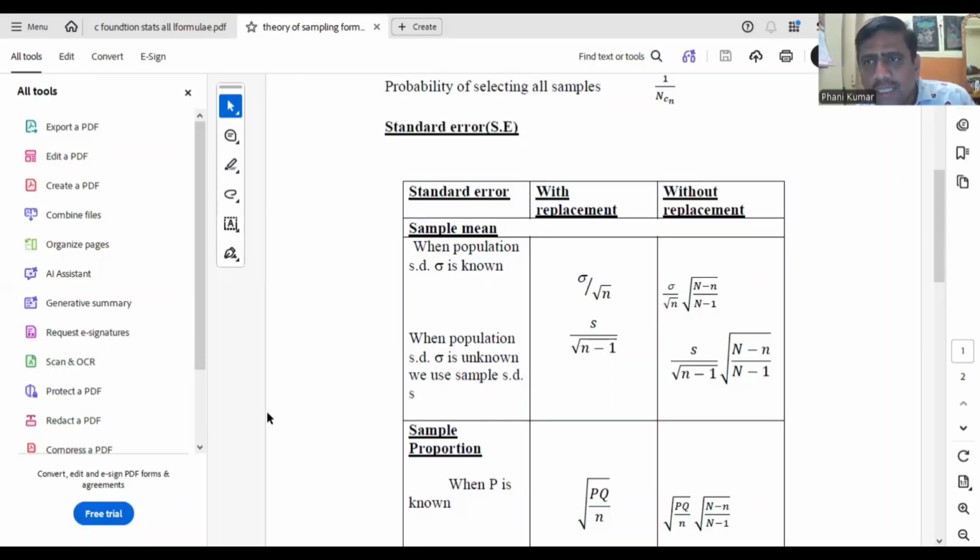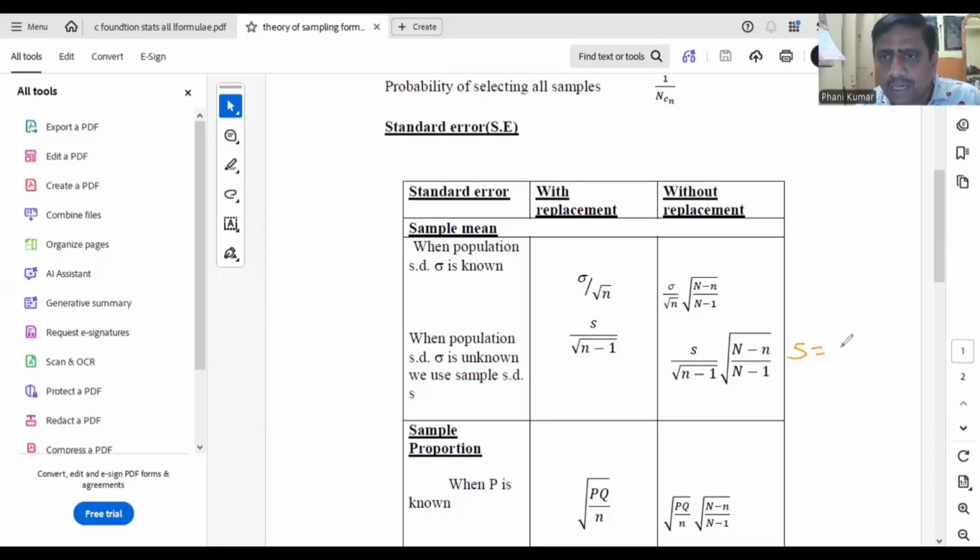If population SD sigma is not known, we can compute the sample SD. When sample SD is calculated, with replacement the formula is s by root n minus 1, and without replacement again s by root n minus 1 into FPC, that is root of (N minus n) by (N minus 1). Here s is equal to the sample SD.